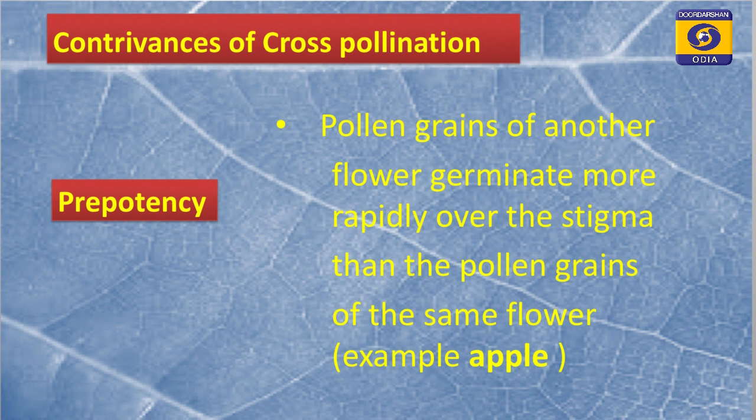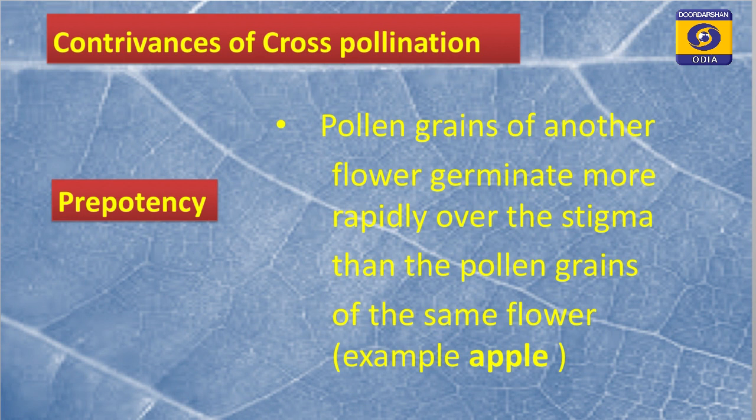Then another type of contrivance of cross pollination is prepotency, though we can include that in self incompatibility, but I have kept this as one more contrivance of cross pollination, where pollen grains of another flower germinate more rapidly.